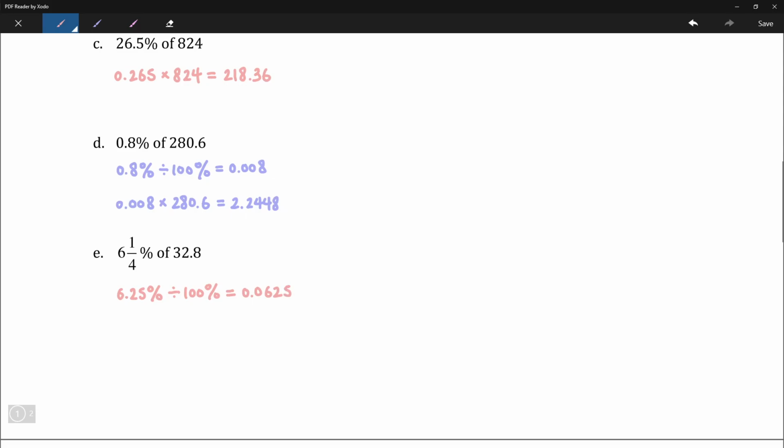And then we are going to multiply that by 32.8, which in this case will give us, let's see here, 2.05, I think is what it is. So we'll check here. There we go.